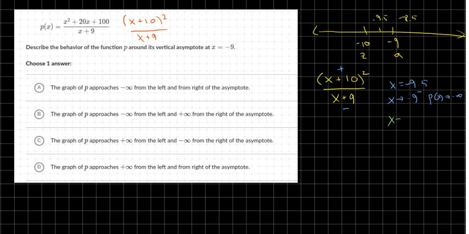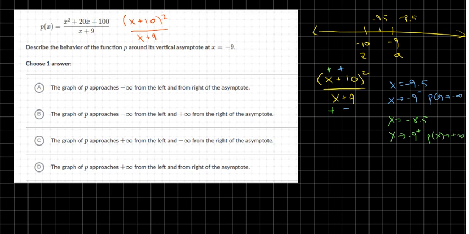If I've got x is equal to negative 8.5, in other words, x is approaching negative 9 from the positive side, then negative 8.5 plus 10 is positive, squared is positive, and negative 8.5 plus 9 is positive. So now I've got a positive value. So p of x is going to be approaching positive infinity.